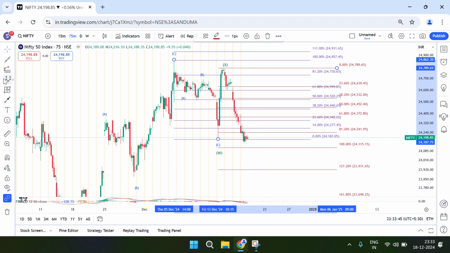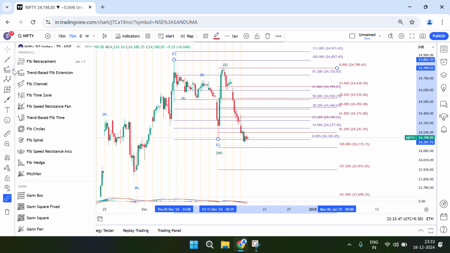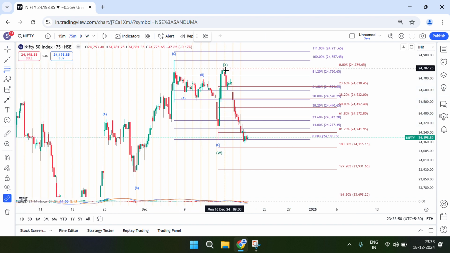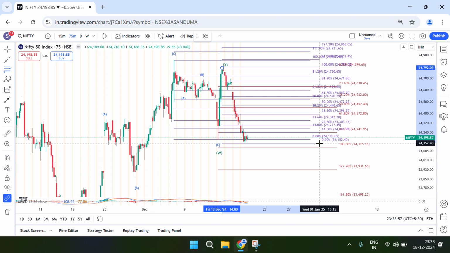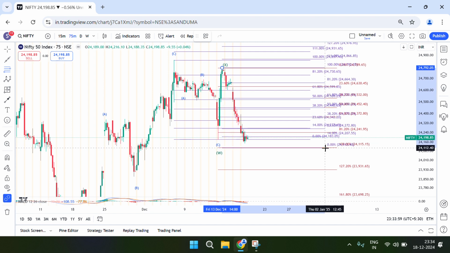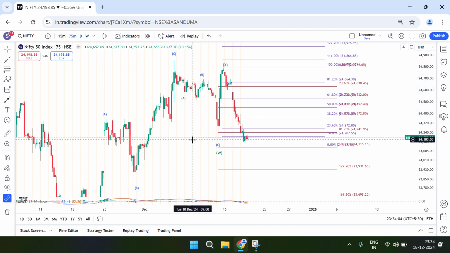So again, if this is A, we'll have to put one more retracement from here to here. This is our 0, this is our A, if say A gets formed at this particular point. Now let us remove this so that there is not much confusion. This retracement is from this high to this low, and there is an extension from this WX, and we are trying to see Y.